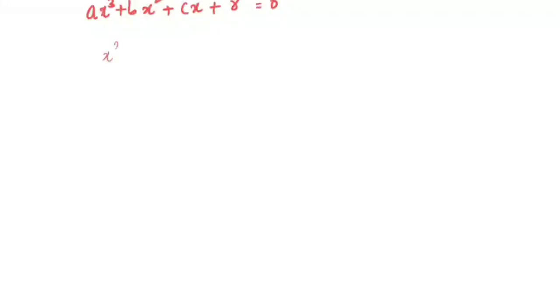Divided by a, it will be x cube plus b by a x square plus c by a x plus d by a is equal to 0.